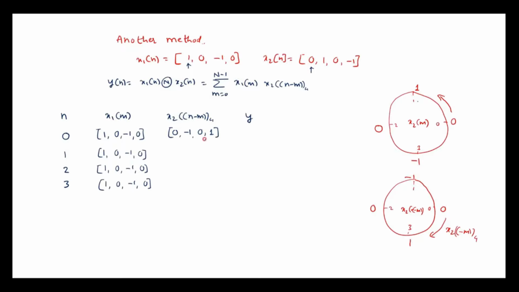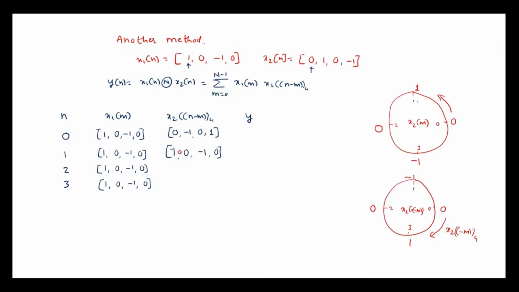If I shift this towards the right, this sample will occupy here and all these samples will be shifted by 1 unit towards the right, so this sample will be represented here and this will be shifted: 1, 0, minus 1 and this will be 0. Now for n equal to 2, it will be x2 of 2 minus m.